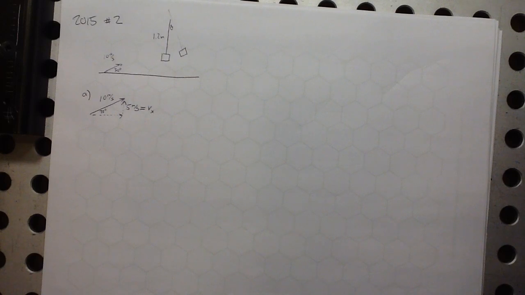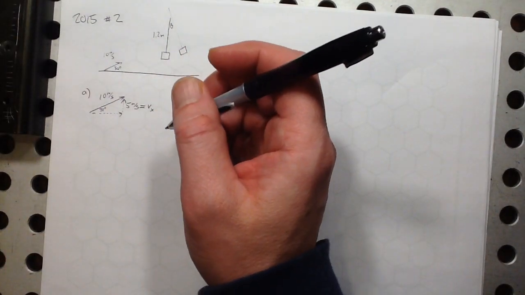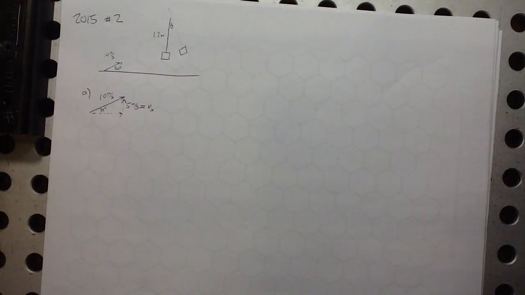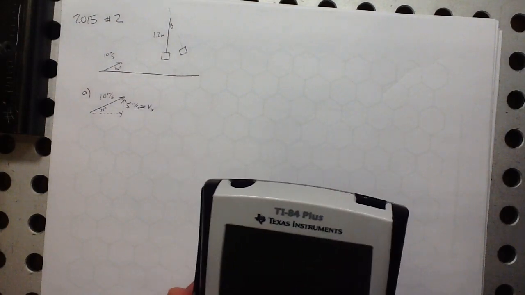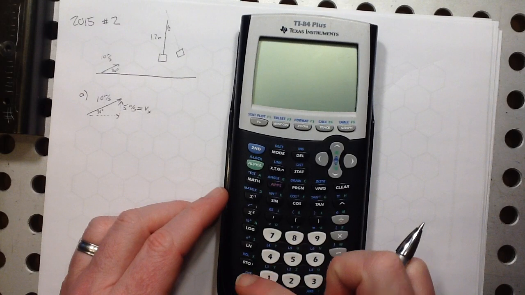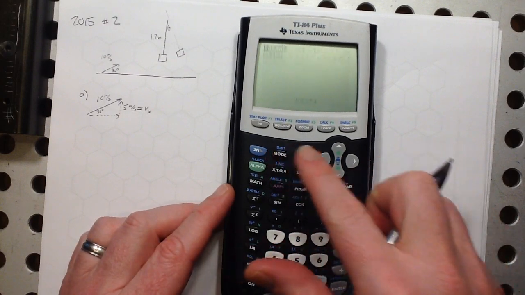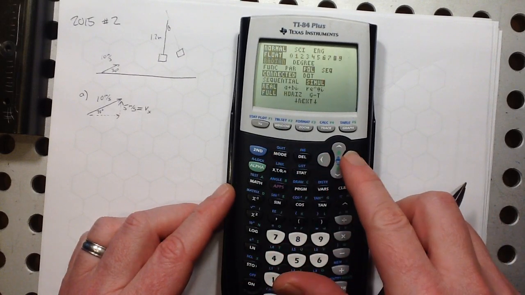I'm looking around for where my calculator is. I do believe that that's 8.7, but where's my calculator? Let's see if I can find it real quick. Got it. Make sure that I'm in degree mode.